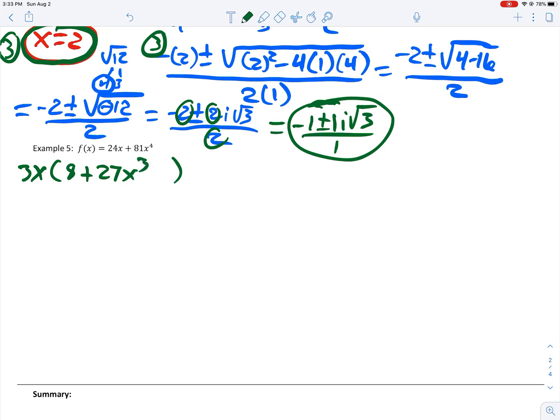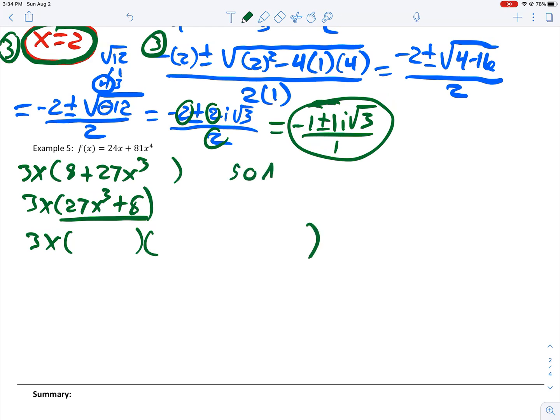That would give me 8 plus 27x cubed. So I'm just going to rewrite that: 27x cubed plus 8. So now I can factor that. That binomial is a sum of cubes, so that can be factored into a binomial and a trinomial.